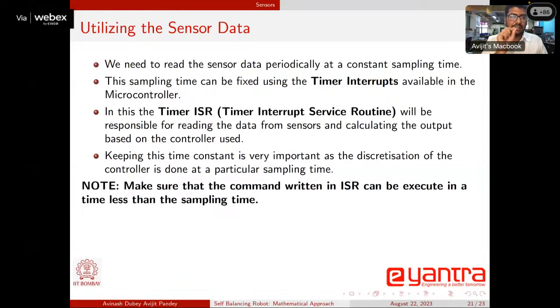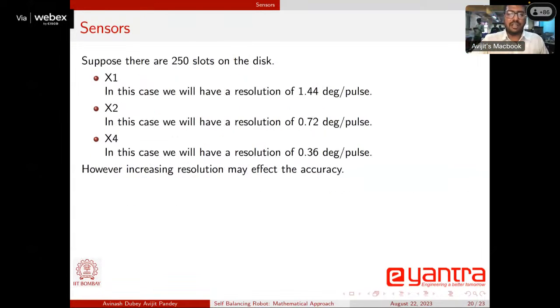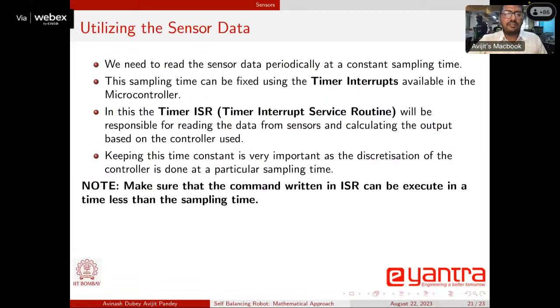By configuring these timers, you can tell the microcontroller that after a certain period of time, you have to execute a certain set of instructions. Those set of instructions are called interrupt service routines, and those interrupt service routines could be anything. In our case, the service routine will be reading the values from the sensor and sending the signal to the motor as the output U.